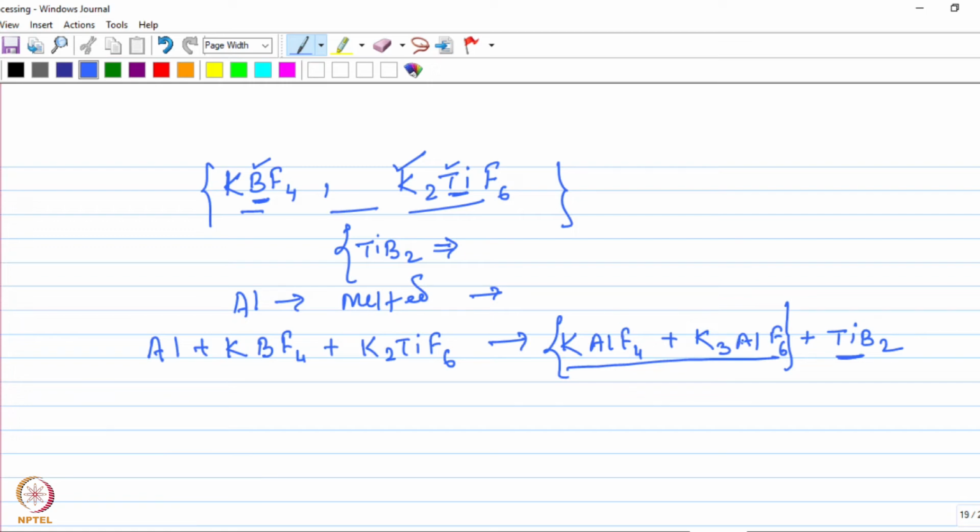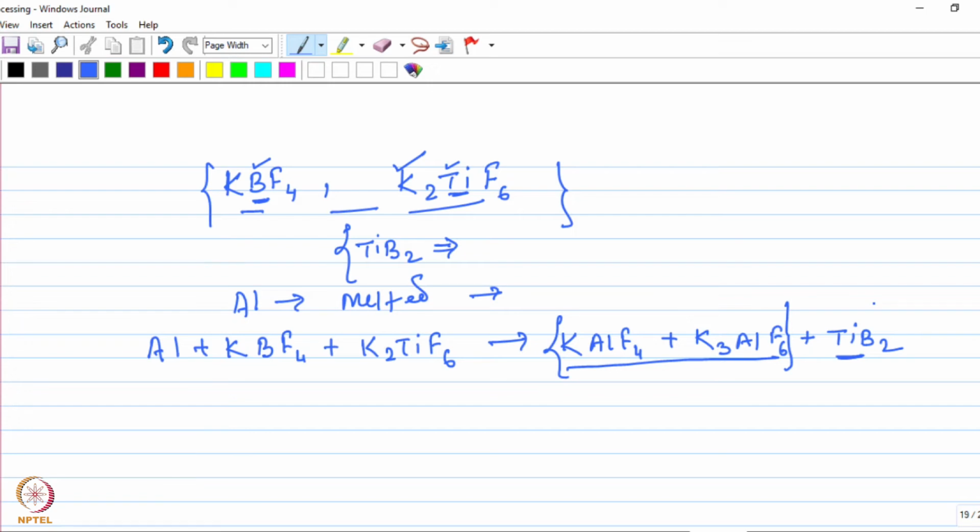And after that, you pour it, and as you solidify, it will basically contain the TiB2 particles as the reinforcement. So you can see here that the TiB2 particles are generated in situ during the processing itself, and there is no need to add such particles externally.